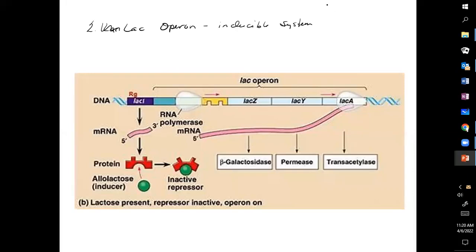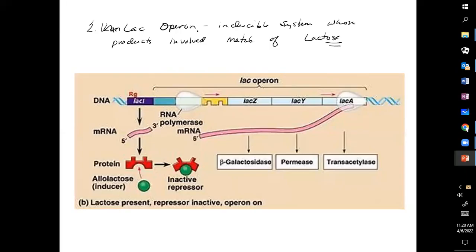Coordinated with 3 different genes whose products, the proteins they code for, are involved in the metabolism of lactose. Now, lactose should ring a bell. It's a sugar, it's milk sugar, right?